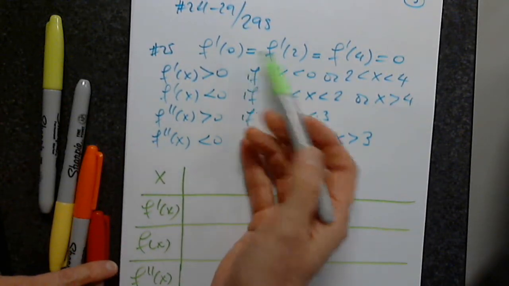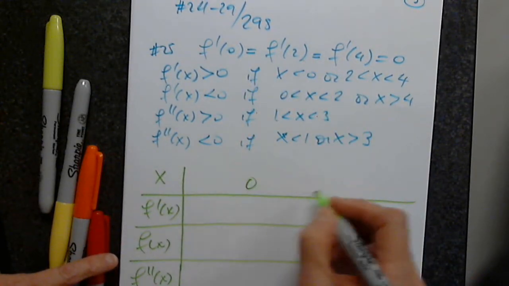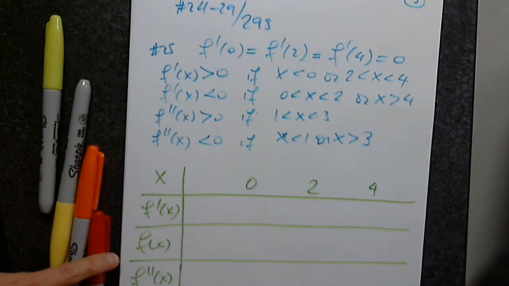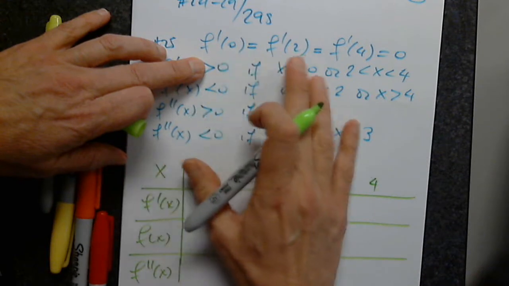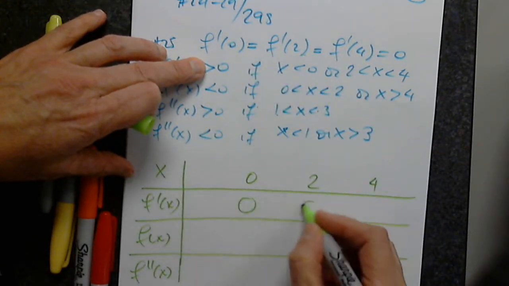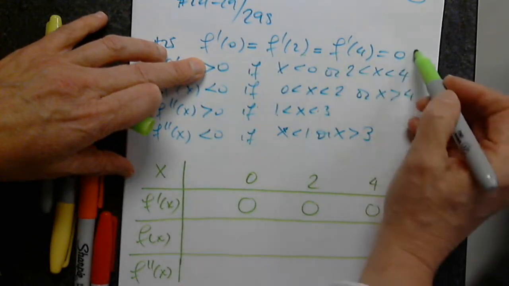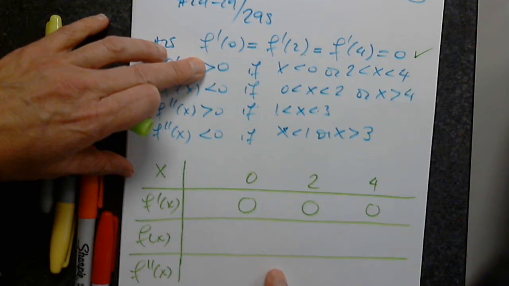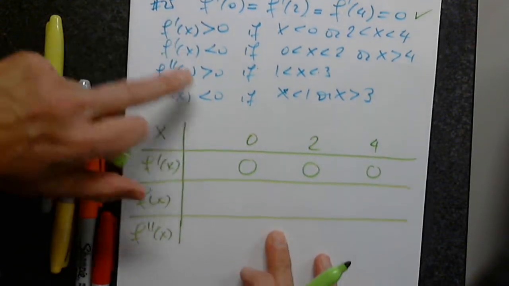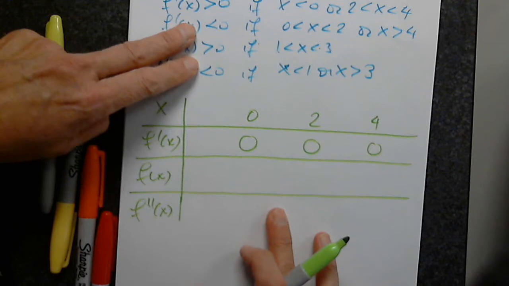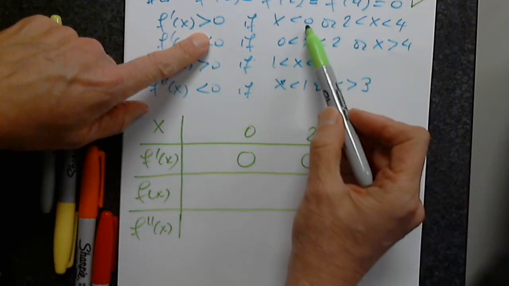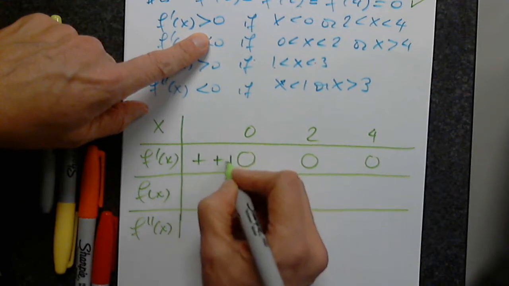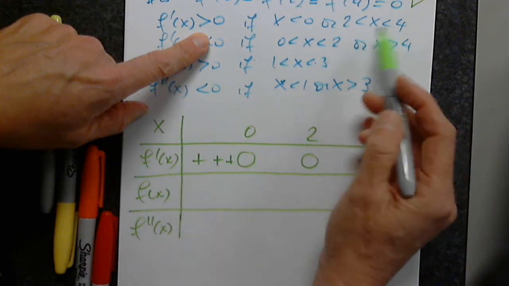I see these numbers 0, 2, and 4. So f prime of 0, 2, and 4, they're all zeros. So I'm done with the first condition. Then it says that the first derivative is positive to the left of 0 or between 2 and 4.